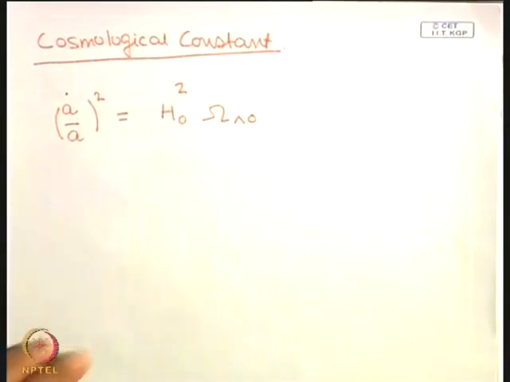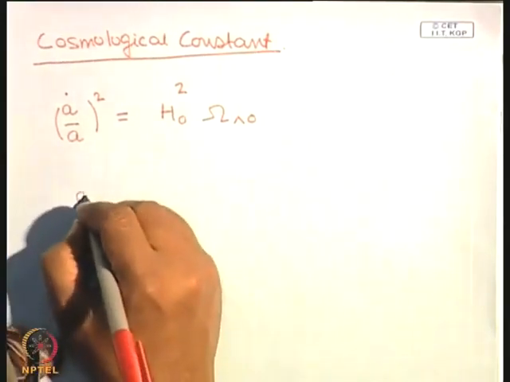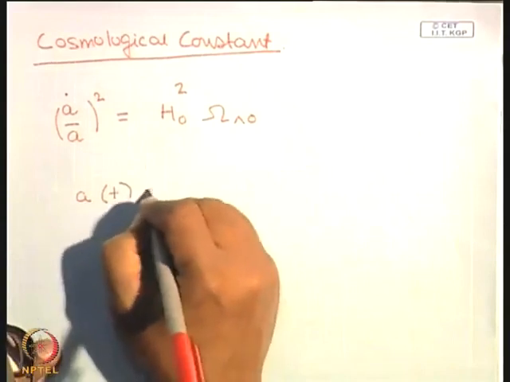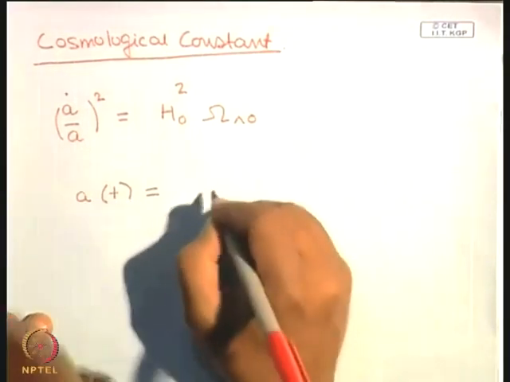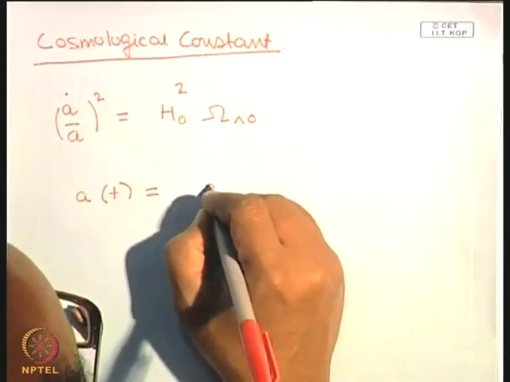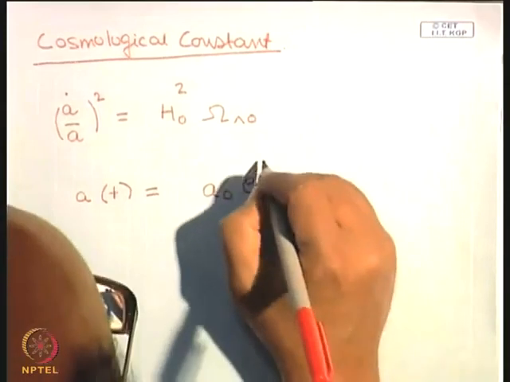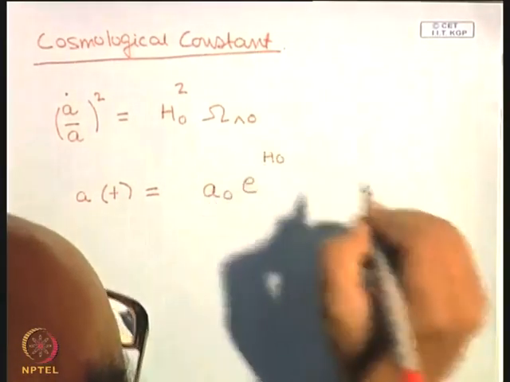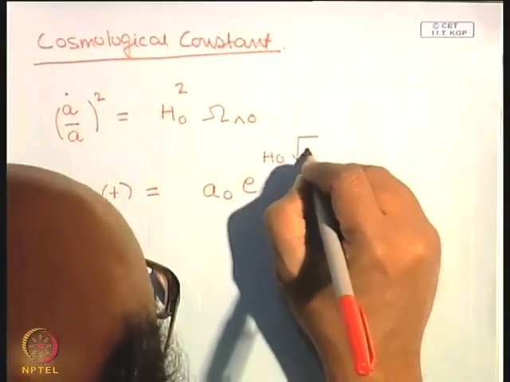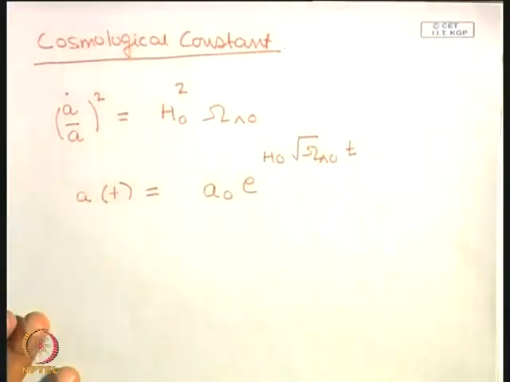This equation has a solution that a(t) is equal to a naught, if you wish, e to the power H naught square root of Omega lambda naught into t. It is an exponentially growing solution.